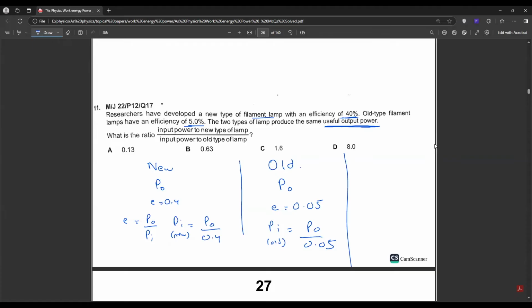Let's just divide it now. P naught divided by 0.4, divided by P naught over 0.05. P naught gets cancelled out. 0.05 comes to the top. 1 over 8 is your answer. This is roughly equal to 0.13. A is your answer. 26's answer should be A. Perfect. Let's further move ahead.